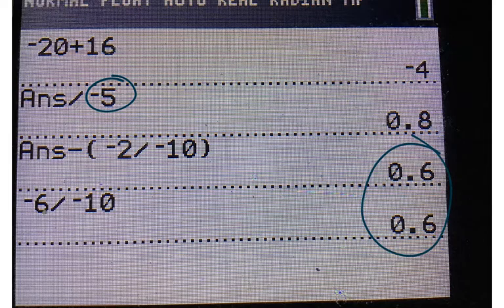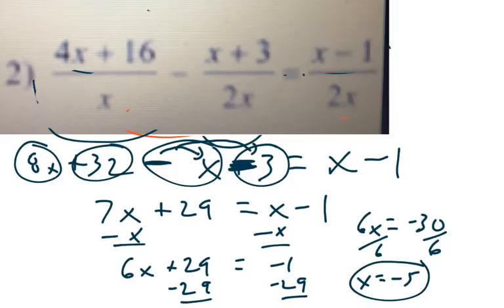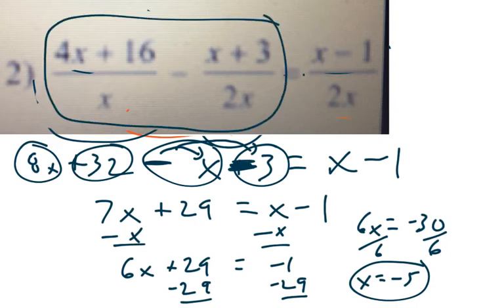Notice at the end, both the left and right sides of my equation end up being 0.6. Again, guys, pause it here if you need to. Basically, I did all of this in my calculator, and then I did that in my calculator. They equaled each other.